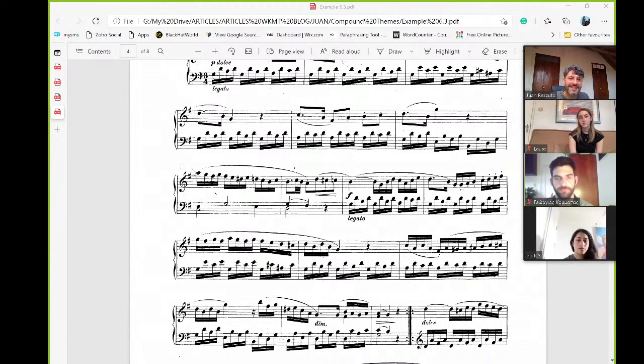And then in this section here, all the paths lead me to Laura. So, Laura, this section here, chords. Four. Yes. And then one. So it's going to a cadence, isn't it? Yes.